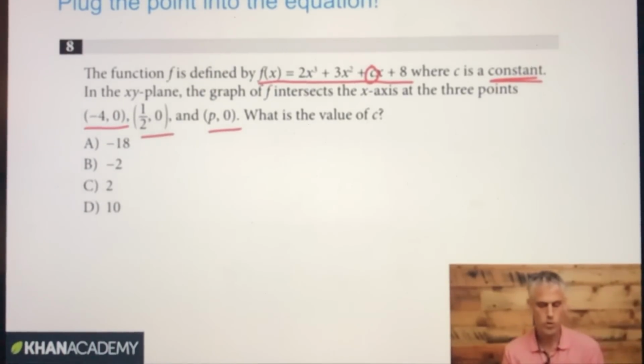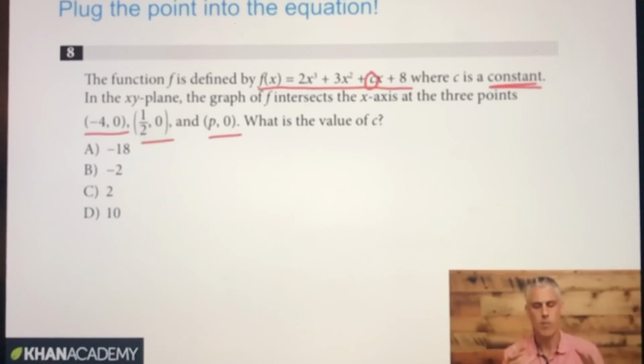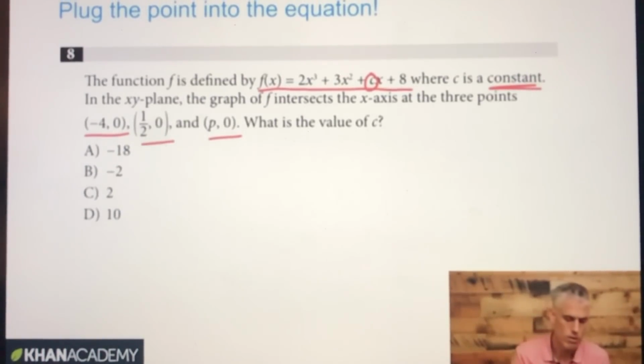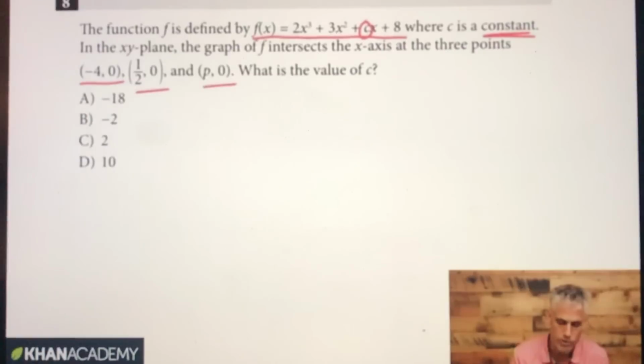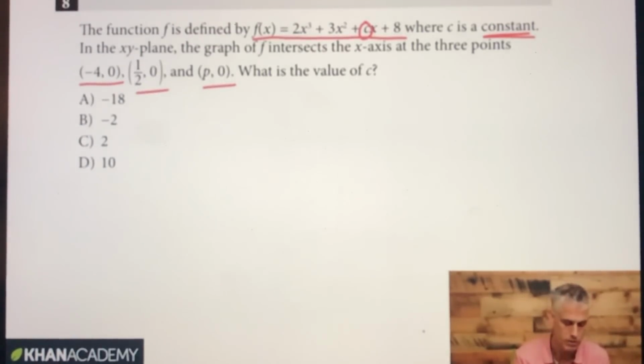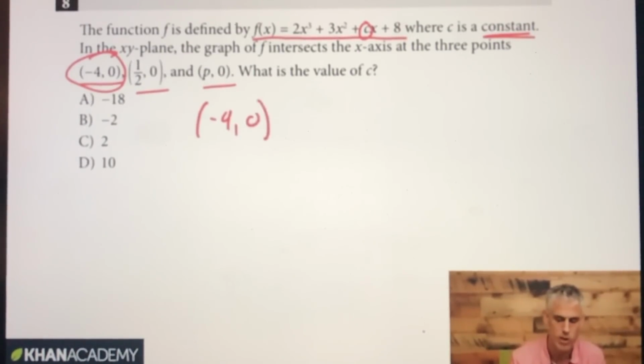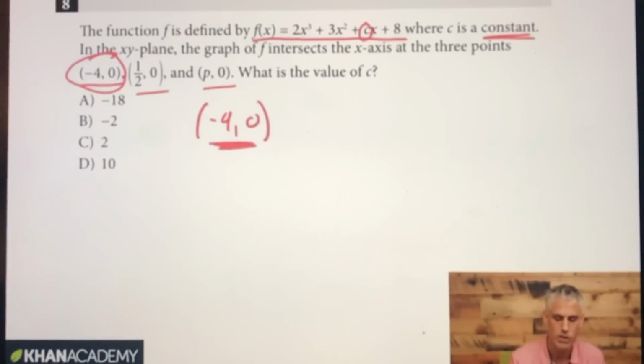Well, you could try to find the zeros of this equation. You could plug in the factors of this polynomial. Or it may be more straightforward for you to just choose one of these points and plug it in. Let's start with that one. This is the point (-4, 0), which means that this point works with this equation.